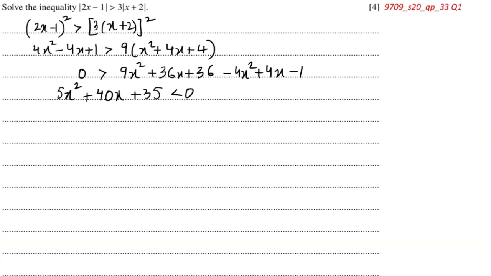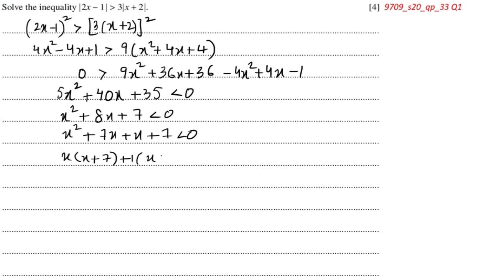Before you solve it, this is just standard algebra. You can divide both sides by 5. So this will become x squared plus 8x plus 7, and that's an easy quadratic inequality to solve. Let's just factorize the quadratic. Some students just write it straight away, they just do it in their head. It's okay, I usually like to show my steps. So x plus 1 and x plus 7 less than 0.